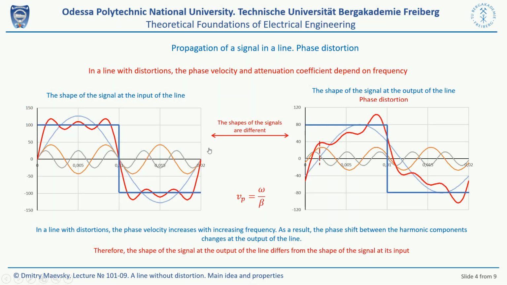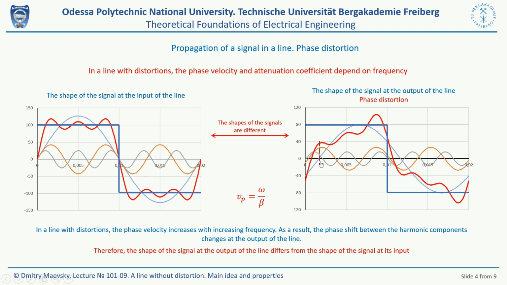Consider the first type of distortion. We talked about the fact that at the input of the line, the signal has such a shape. Let's see what our signal will look like at the output of the line. As we know, it takes some time for the signal to travel from the beginning to the end of the line.